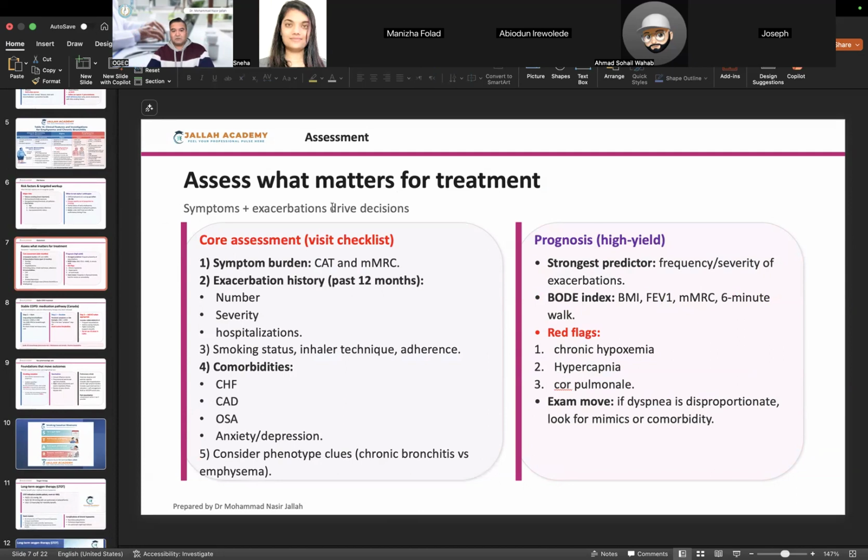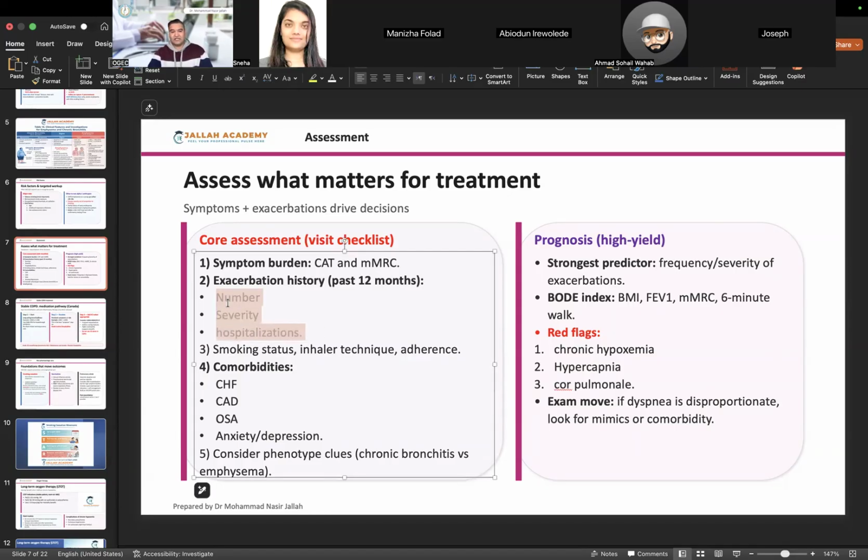Now, assess what matters for the treatment. Symptoms plus exacerbations drive the decision. So, core assessment: the symptom burden, the CAT and mMRC, and exacerbation history over the past 12 months: number, severity, hospitalization. They do matter.